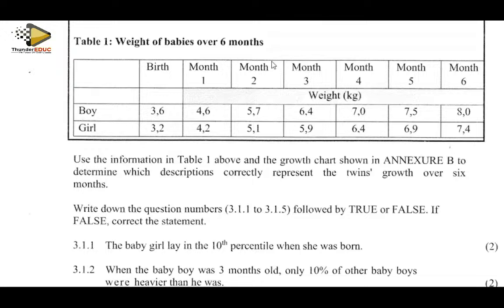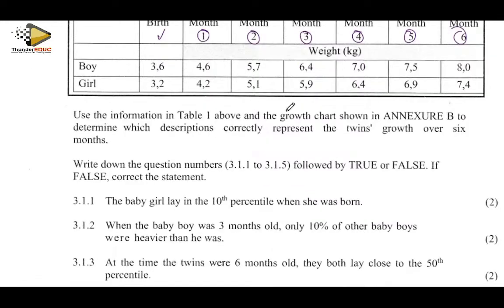At birth, this is what they had. After 1 month, 2 months, 3 months, 4 months, 5 months, and 6 months. All right, so there we go. They want us to use the information in table 1 above and the growth chart shown in the next chapter, chart 2, to determine which description correctly represents the twins' growth over 6 months.